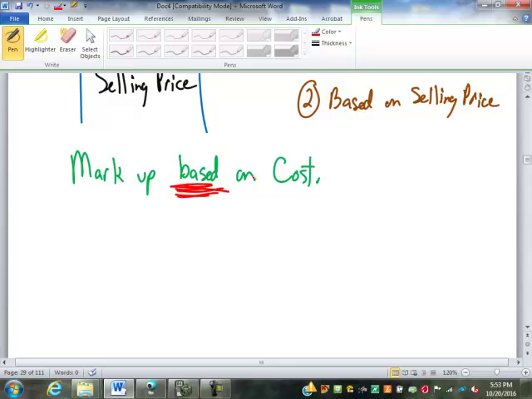Now, if you're looking at a generic percent problem, they've got the portion, the base, and the rate. The base is the number that is associated with the full amount, or 100%. So that word base implies 100%. So this is being based on cost, which implies the 100% goes with the cost.